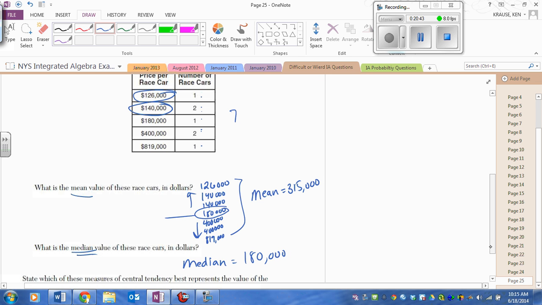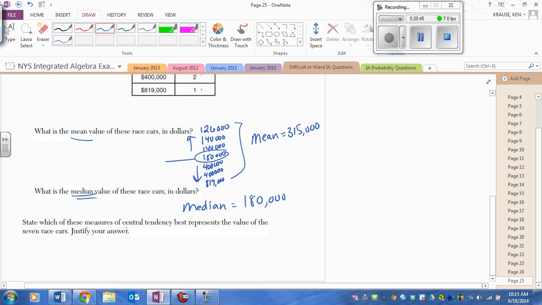I believe the last question is, which of these 3 measures of central tendency represents the value best of these 7 cars? Well, 315,000 is close to the high end. Would you say most of these cars are around 315,000? You'd say about 180,000. I think 180,000 is better.